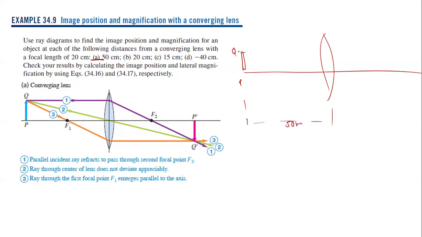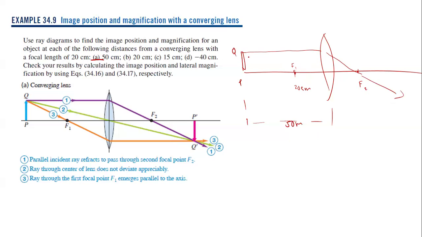So first, you make a ray that is parallel to the axis. The focal length is 20 centimeters, so maybe this side is 20 centimeters. This is F2, this is F1. That is the first ray.